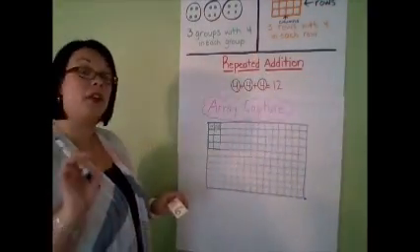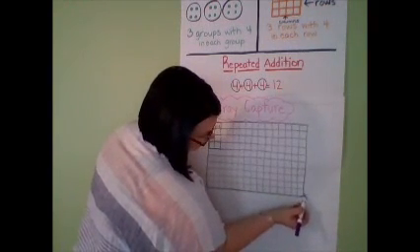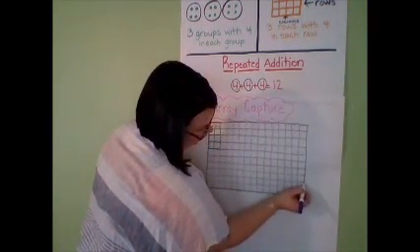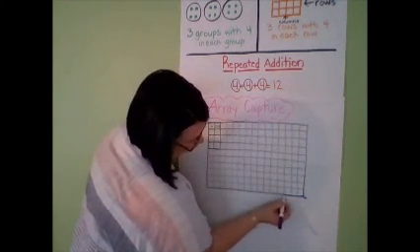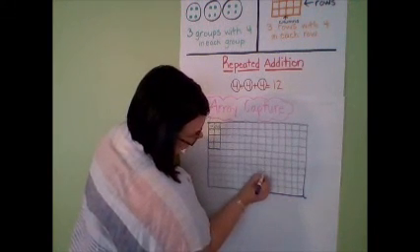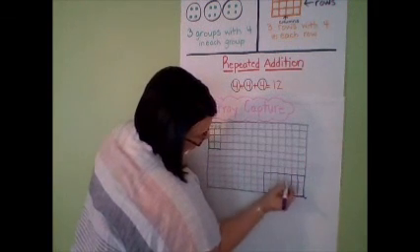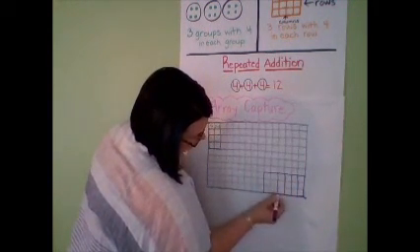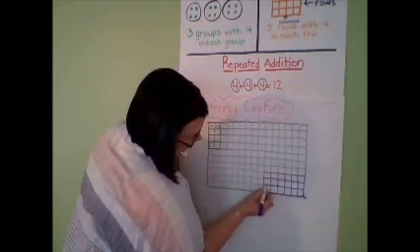6. So I'm doing 3 times 6. 3 rows. I need my 3 rows going across with 6 in each row. 1, 2, 3, 4, 5, 6. There's 3 going up. Okay.